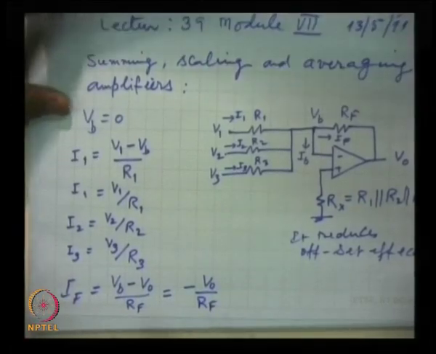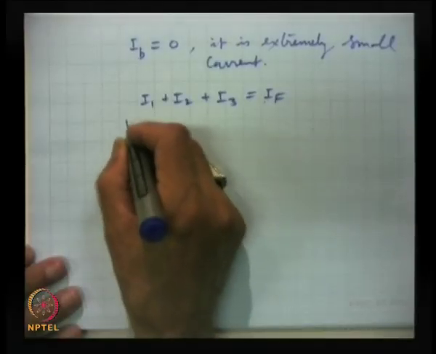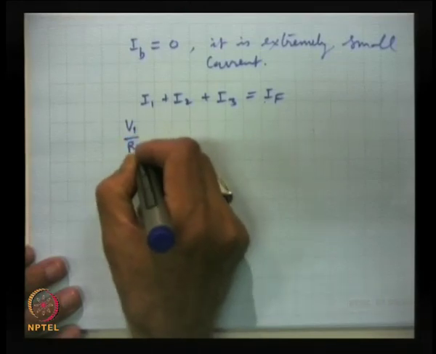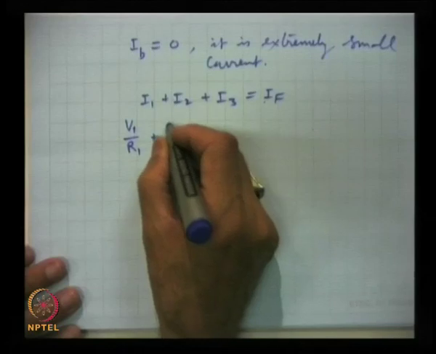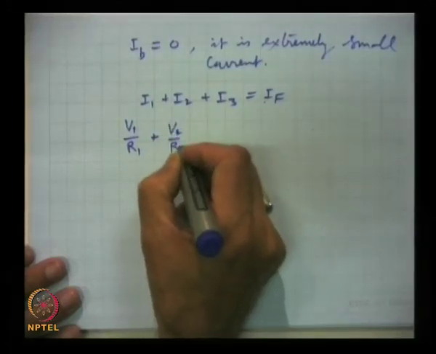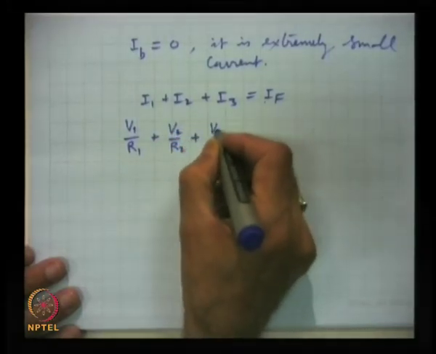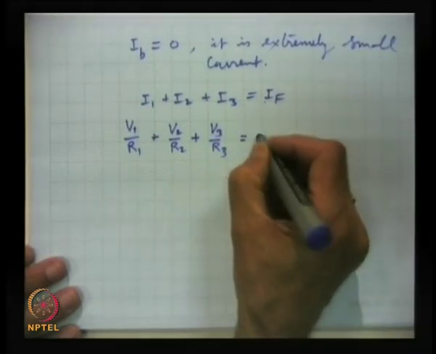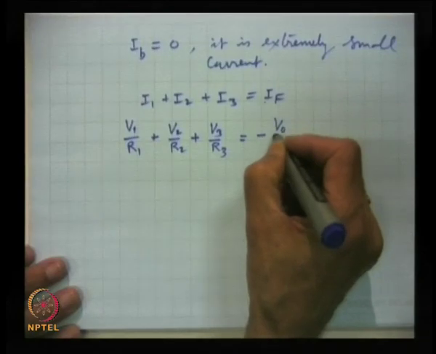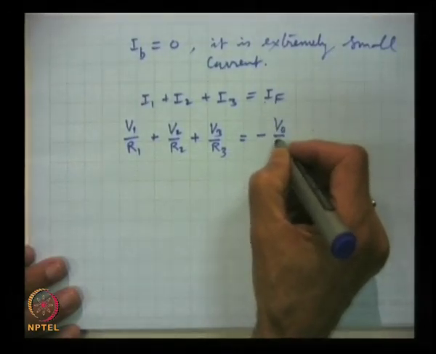So, substituting the values of all the currents in this expression, we get V1 by R1, which is equal to I1, plus V2 by R2 plus V3 by R3, and this is equal to minus V0 by RF.